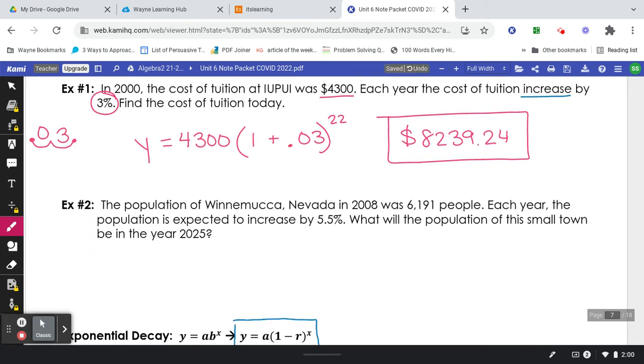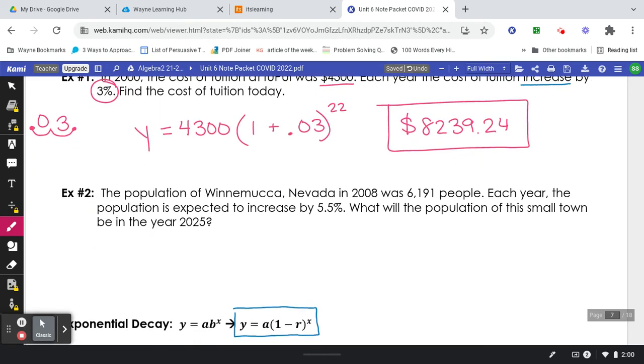All right, example 2. Population of Winnemucca, Nevada in 2008 was 6,191 people. It's going to be our starting amount. Each year, the population is expected to increase, so another plus sign, by 5.5%. So we're going to take our 5.5%, and we're going to move the decimal over once, twice.